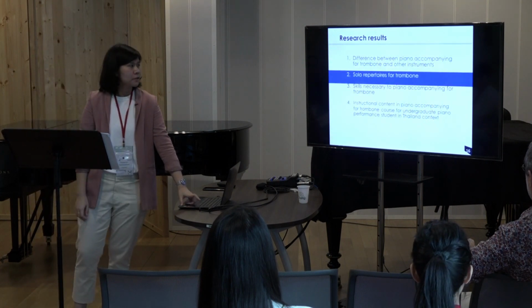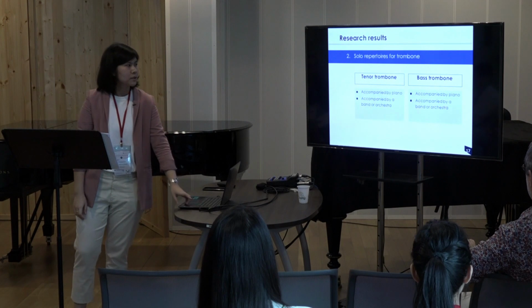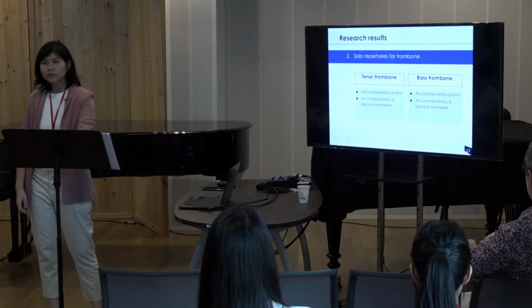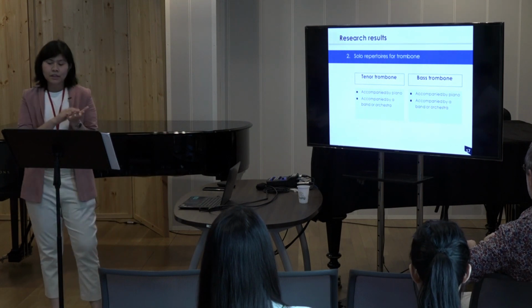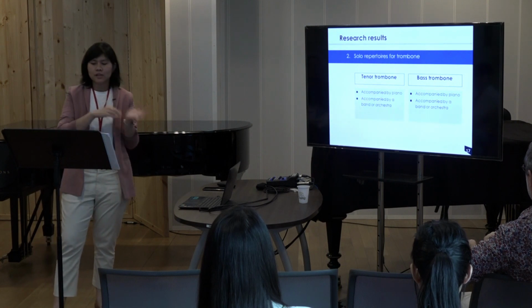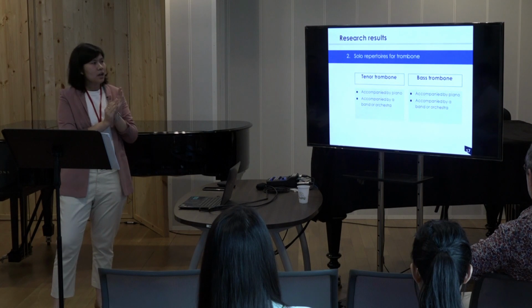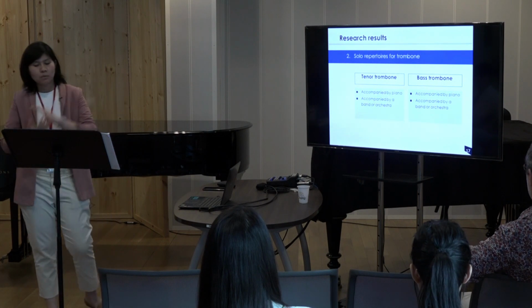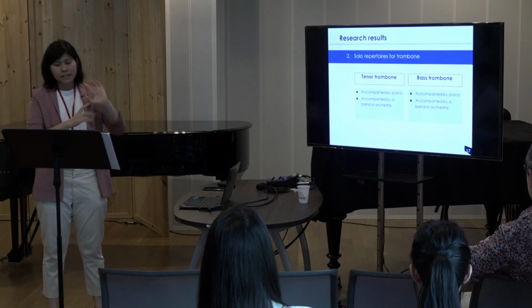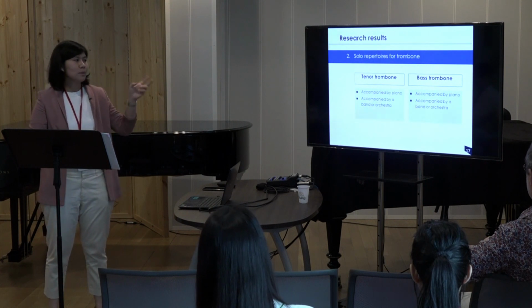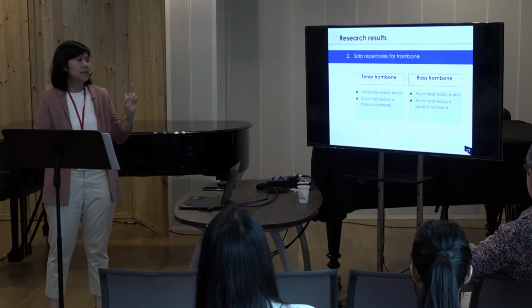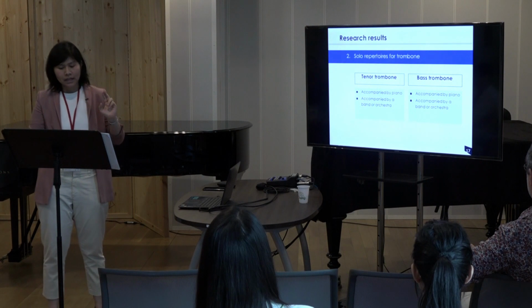And then I will go on to solo repertoire for trombone. In this research, I gathered a list of trombone solo standard repertoire which is divided into 2 parts, consisting of tenor trombone and bass trombone. The repertoire was also divided into 2 parts: accompanied by piano, and accompanied by a band or orchestra.